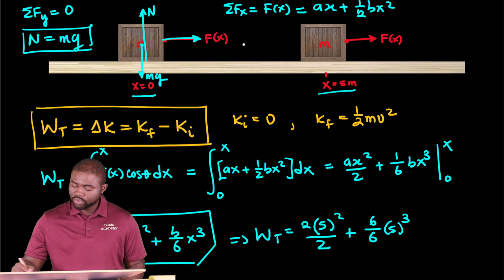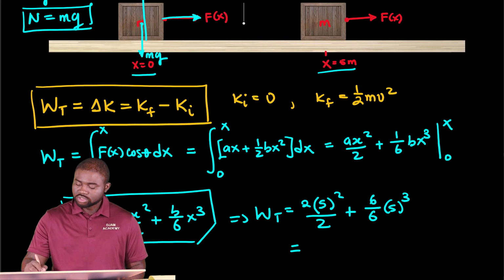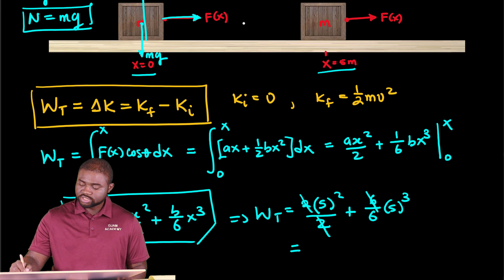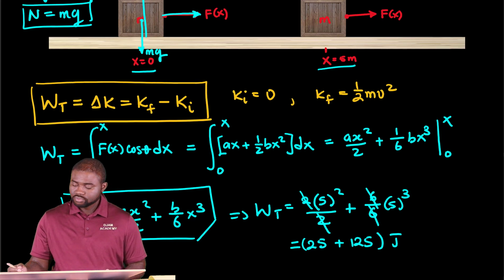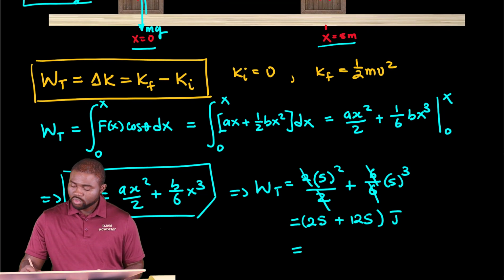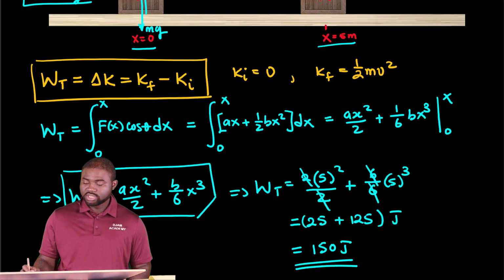This 2 takes care of this 2, 6 takes care of 6. So you will have 25 plus 125 joules, which essentially will be equal to 150 joules. So this is the net work done on the object.